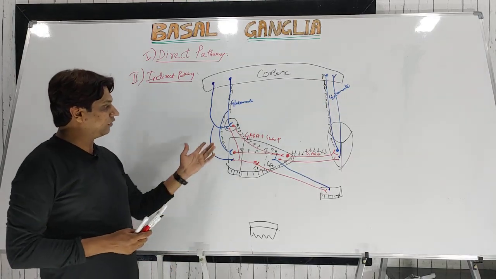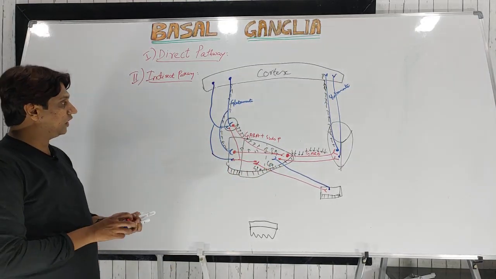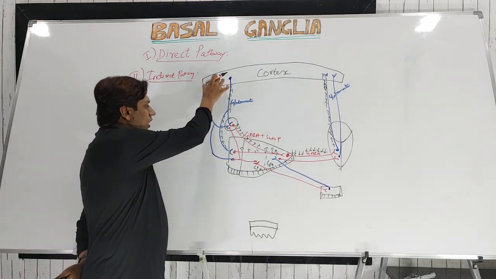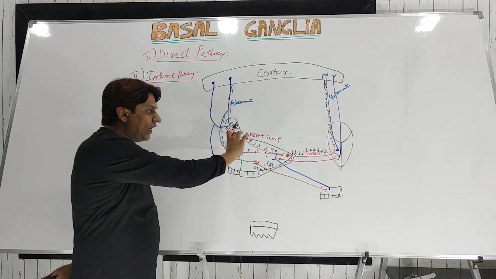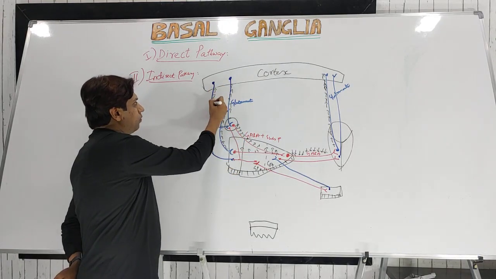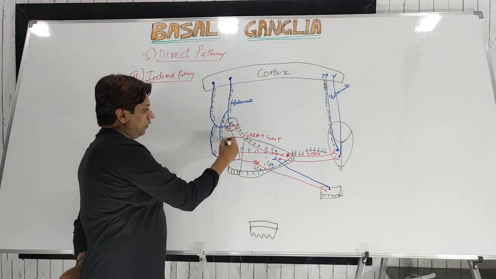Now let us try to understand with the help of this diagram how exactly this indirect pathway is inhibitory. Again the same logic here. When the motor cortex sends the signal to the basal ganglia, to the striatum, that is the caudate nucleus and putamen, the action potential in these neurons will be increased, right? Same as the direct pathway.